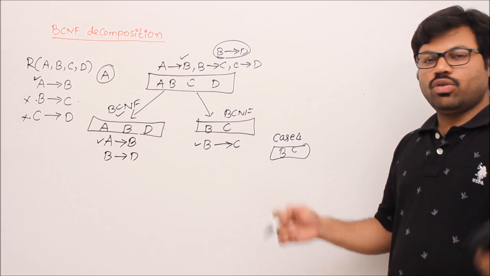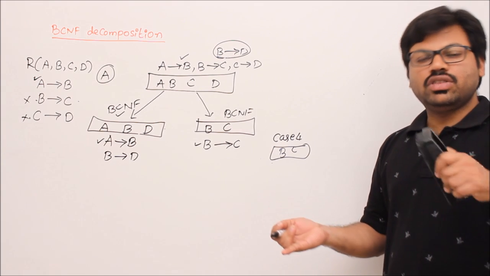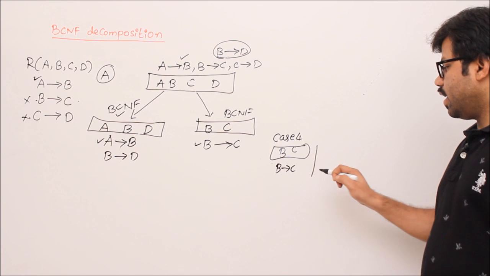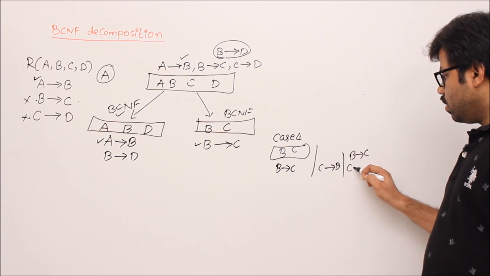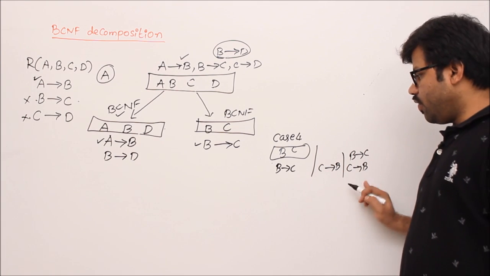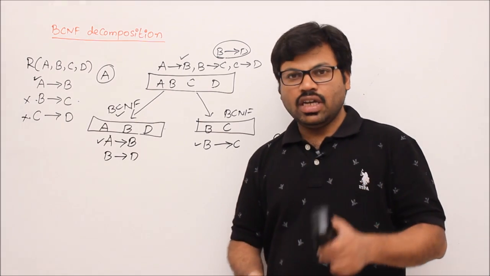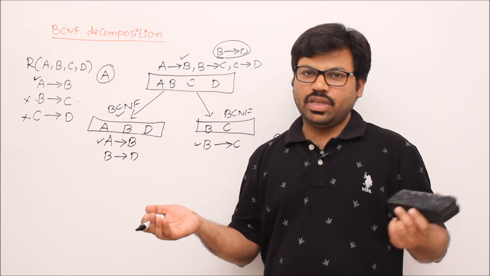So the remaining rules are only B to C, C to B, and both B to C and C to B. That's why you will get three structures. So we covered all these cases, and the left side is becoming automatically super key. From now onwards, remember, whenever a table contains exactly two attributes, that will be automatically in BCNF.